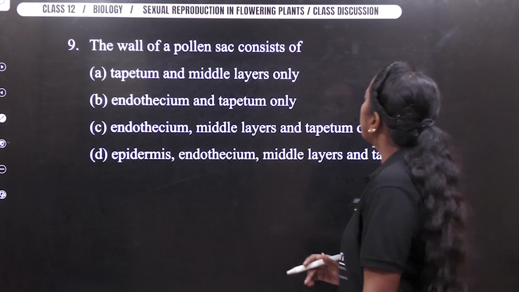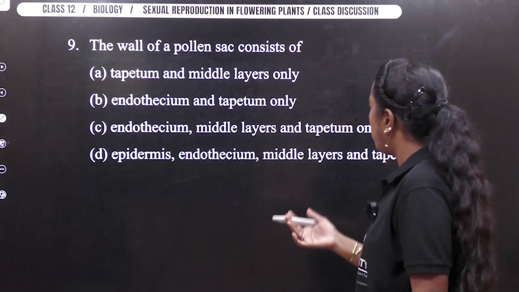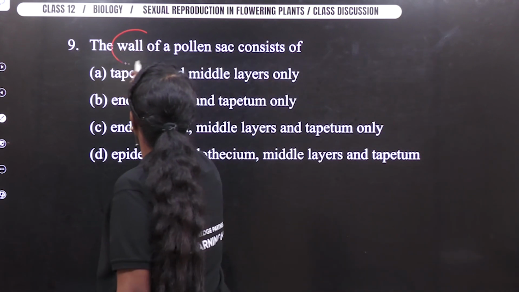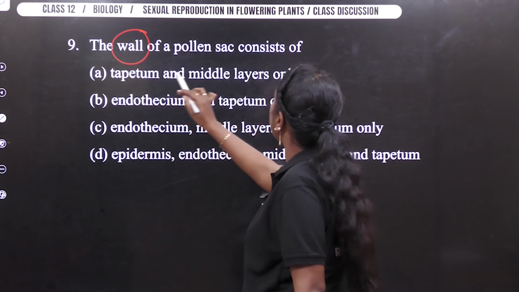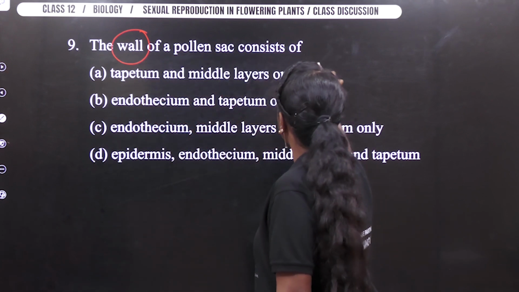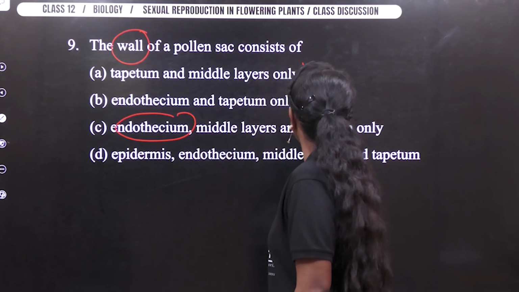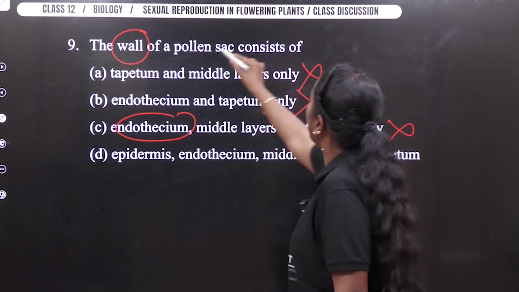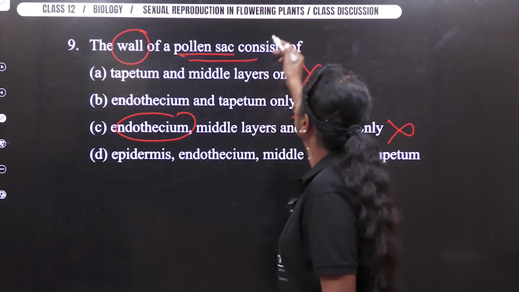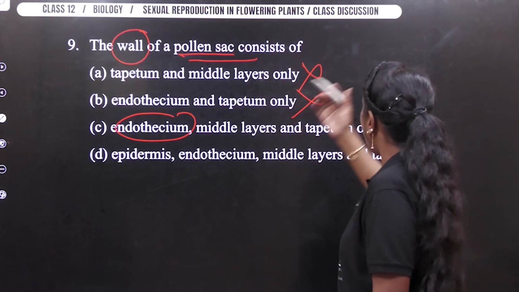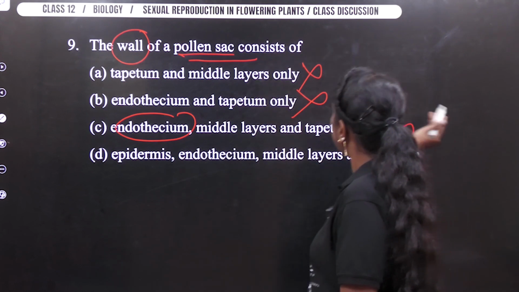Next, the wall of the pollen sac consists of. The question says, the wall of the pollen sac. Tapetum and middle layer only, wrong. Endothecium, wrong. So it says pollen sac. That means the wall has epidermis, endothecium, middle layer and tapetum.